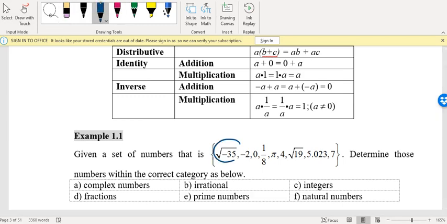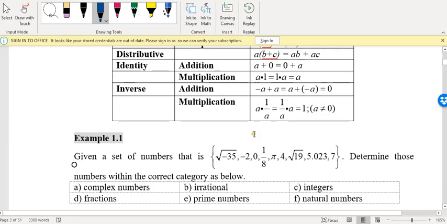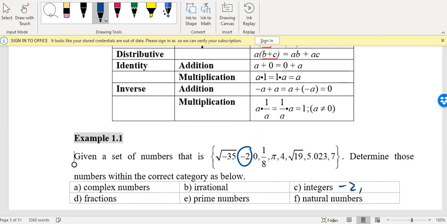The first one, square root of negative 35, is under? Yes, it's under complex number. Negative 2 is under? Yes, integers. What else?